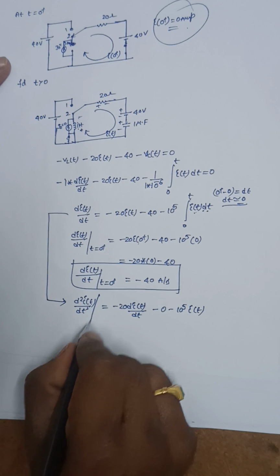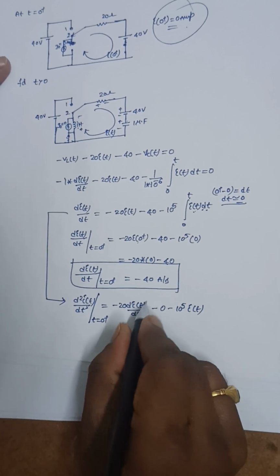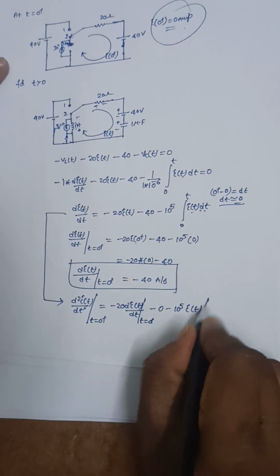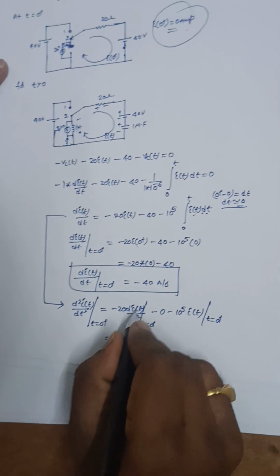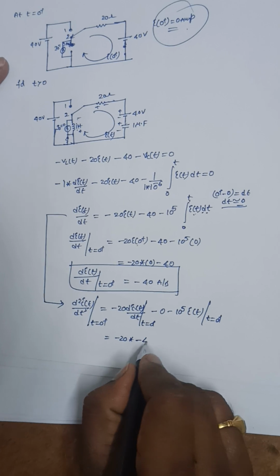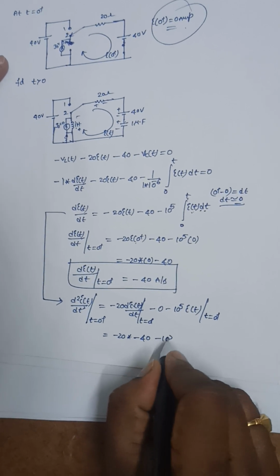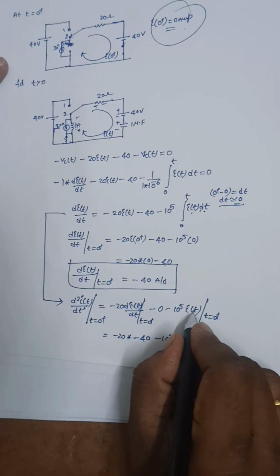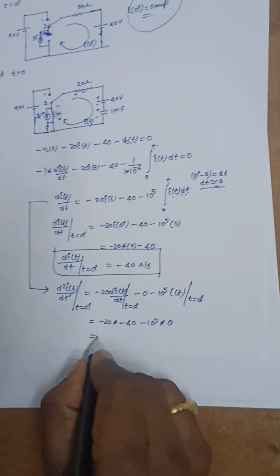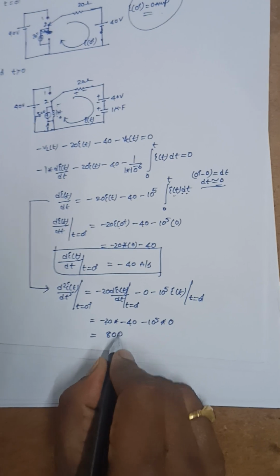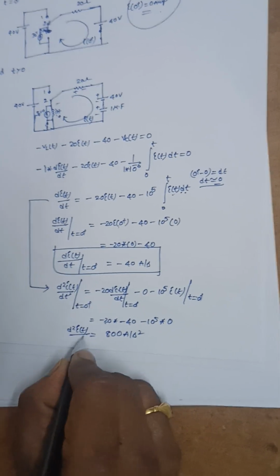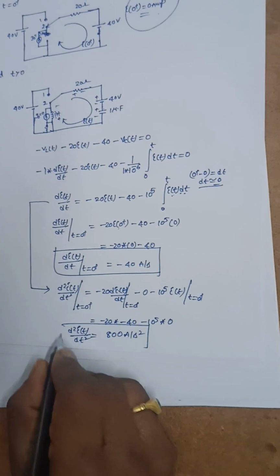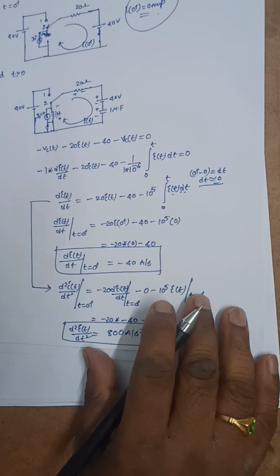So d square I by dt square at t equal to 0 plus is equal to minus 20 into di by dt at t equal to 0 plus, which is minus 40, minus 10 power 5 into I of 0 plus, which is 0, so it is 800 ampere per second square. So d square I of t by dt square is 800 ampere per second square.